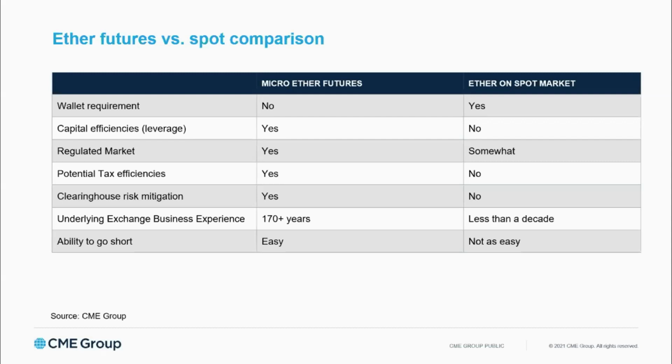When you compare it to the spot market, they're relatively new. And the ability to go short is really, in my opinion, a key advantage to our contracts versus the spot market. If you want to lay off some of that risk that you have on the spot side, manage that risk, you can do so by going short with our micro Ether contracts.